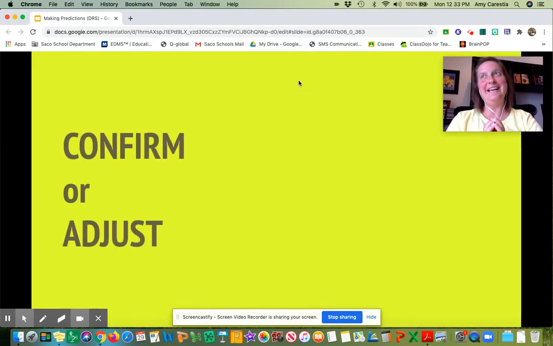This is the piece that I think annoys most readers. Making a prediction isn't just writing down what you think will happen next. Of course, it is that. But there's a second piece. The second piece is confirming or adjusting your prediction.